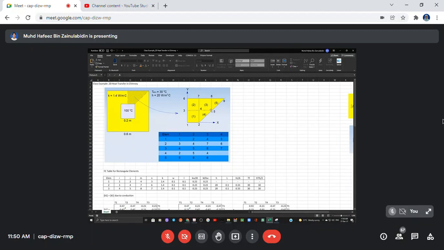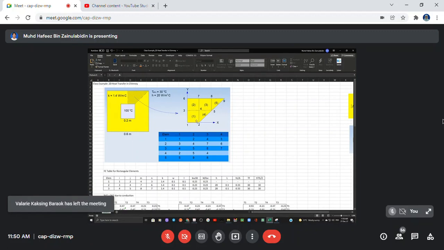If we do y5 minus y4, we should get the same value as y9 minus y8. Or if we do x2 minus x5, it should be the same value as x5 minus x9, right?